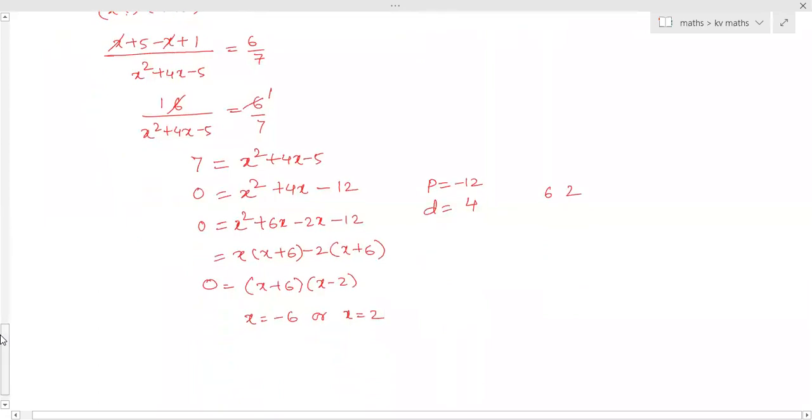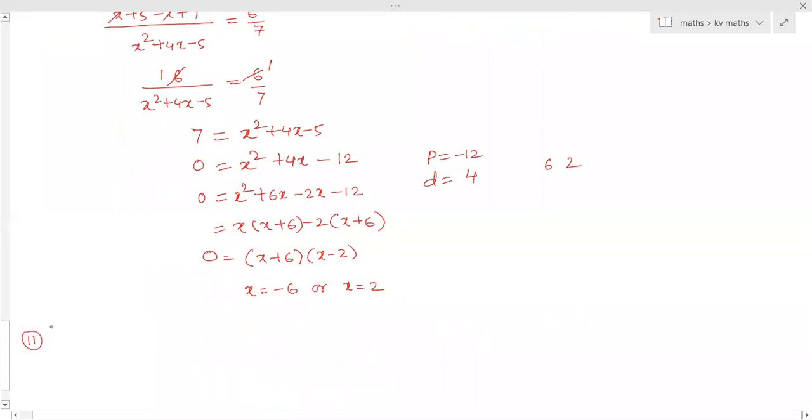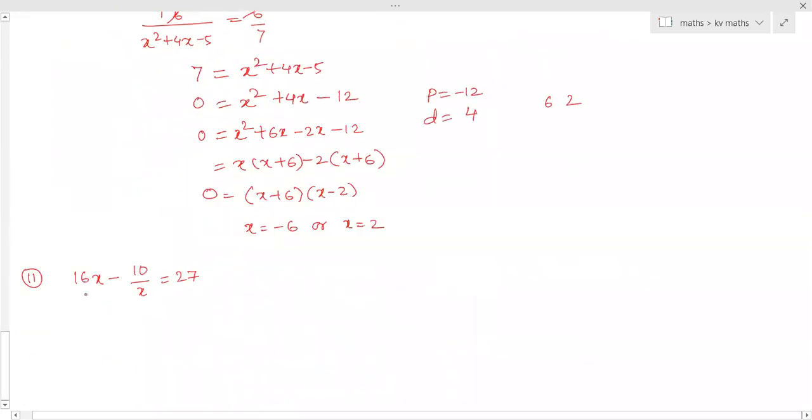The next one is the 11th one. 16x minus 10 by x is equal to 27. So here also we have to simplify first by taking the LCM. The LCM is x. So 16x square minus 10 is equal to 27x.